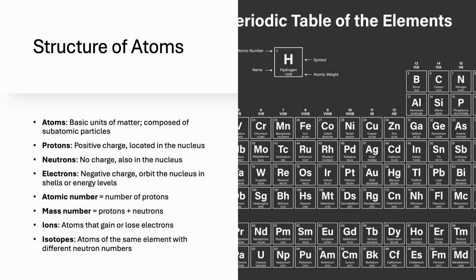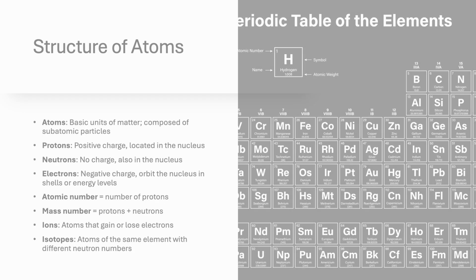If atoms gain or lose electrons, they become ions, which play key roles in electrical signaling and fluid balance. Isotopes are variations of elements with different neutron numbers, and some are radioactive, which can be useful in medicine. Knowing how atoms are structured helps us understand how they bond and interact in chemical reactions throughout the body.